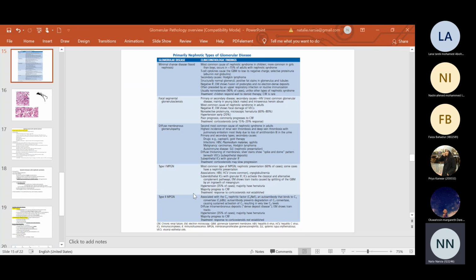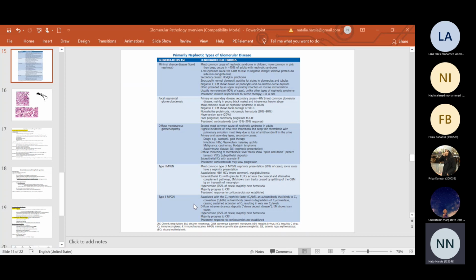And again, how do we differentiate based on deposits? Do you remember, underneath the epithelium, that's called subepithelium, membranous glomerulonephritis, that is one type.